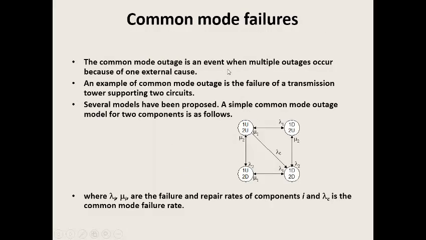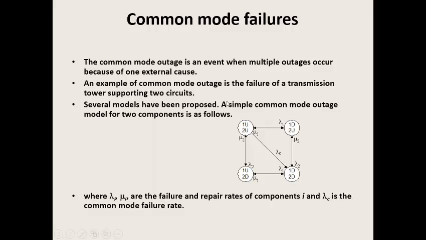Common mode failures is also important because it can happen that if there are two transmission lines on the same tower and something happens over there, like the tower crashes or something like a helicopter comes and hits the transmission lines, then both the transmission lines may be knocked down.